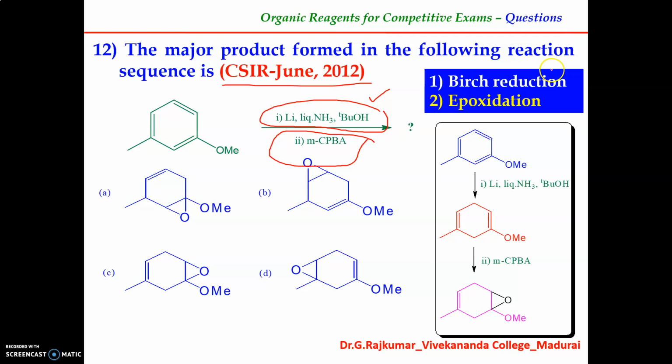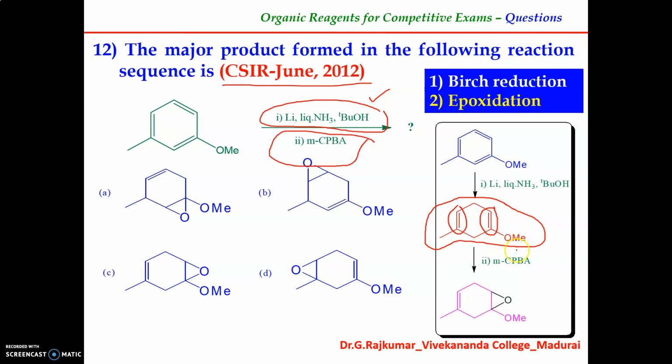Look at this. So Birch reduction, this is the product, and we have discussed this metachloroperbenzoic acid. So this will give epoxidation. Here you can see there are two carbon-carbon double bonds. Which carbon-carbon double bonds are epoxidized?